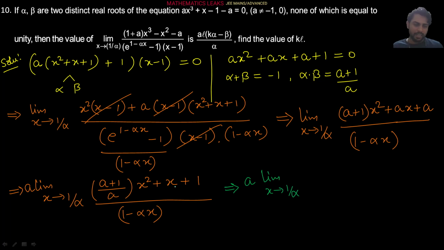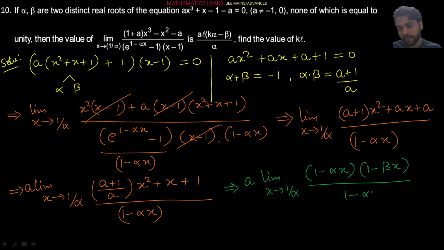This one part, this is a quadratic which can be written as a product of two factors, using this relation between roots and coefficients, we can say as a product of two factors, 1 minus alpha x one factor and 1 minus beta x another factor, upon 1 minus alpha x, right?